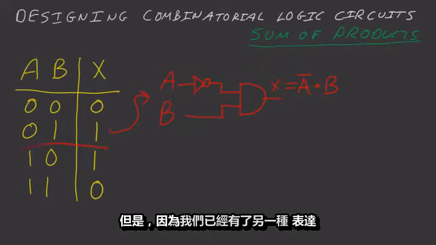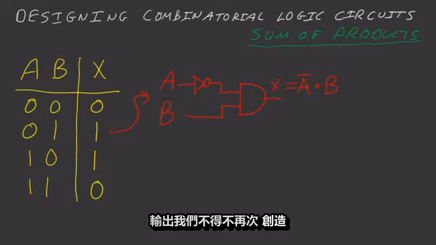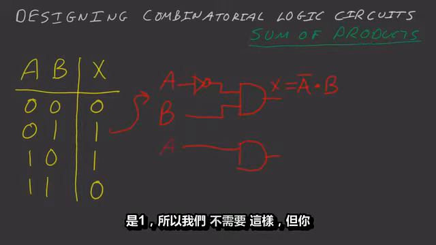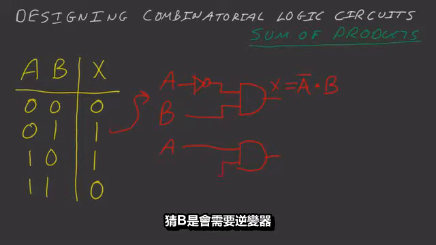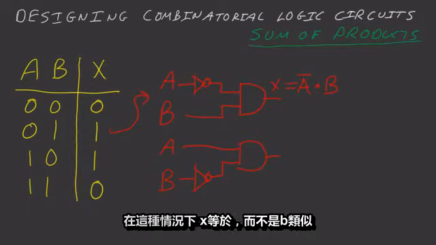But because we've got another expression in our truth table that has a 1 on the output, we have to once again use another AND gate like this to generate that input. In this case A is a 1, so we don't need an inverter there, but you guessed it, B is going to need the inverter. So it's opposite to what we had before. In this case, X equals A and not B.